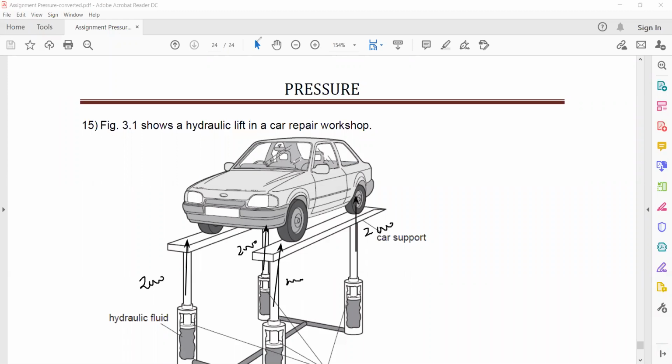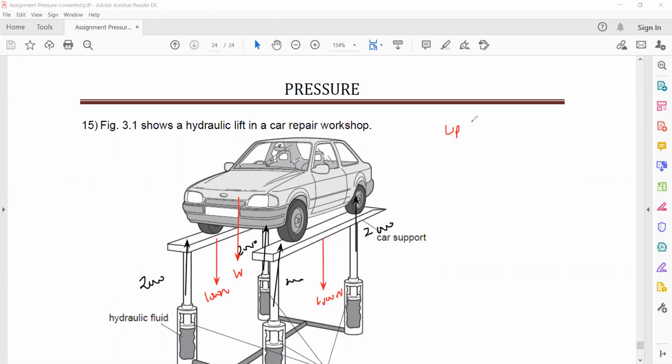The weight of the car is acting down, and the weight of the car supports are also acting down. The weight of the car we don't know, so we say W. The weight of each car support is 1000, because they mentioned it in the question.